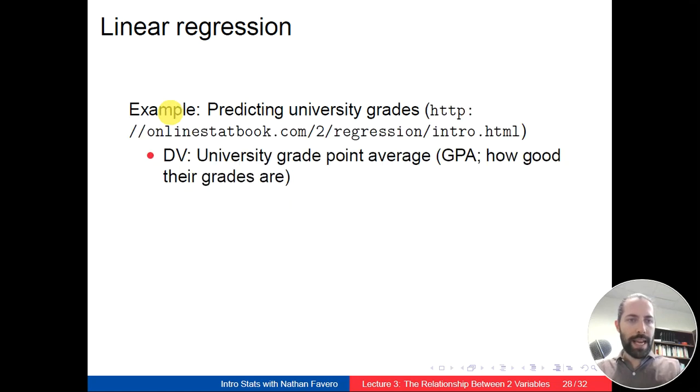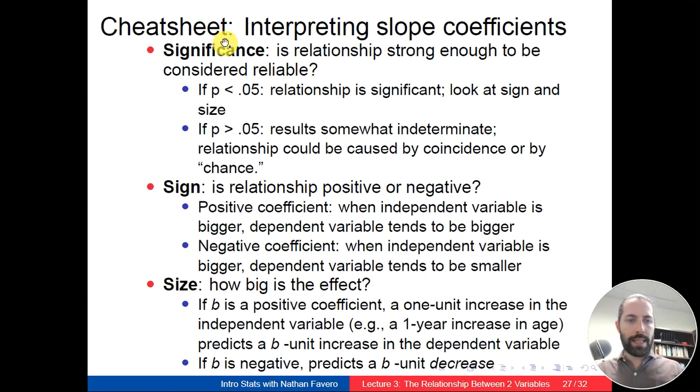But once we get that output, we're going to be looking at the significance, the sign, and the size. With significance, there's going to be something called a p-value, and we want to know, is it smaller or is it bigger than 0.05? And that's going to tell us whether or not it's significant. If it is significant, then we often want to go on to look at sign and size. But if we find that the p-value is greater than 0.05 and it's not significant, then usually we just stop there. We say it's not significant.